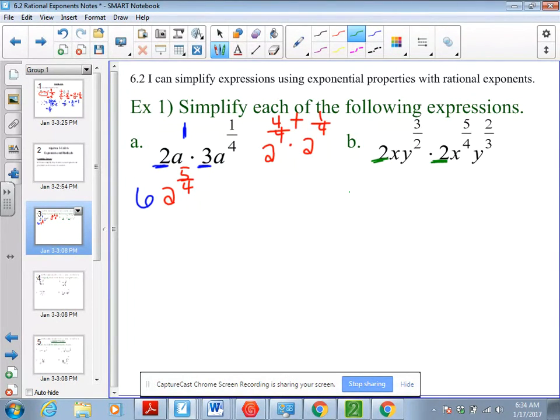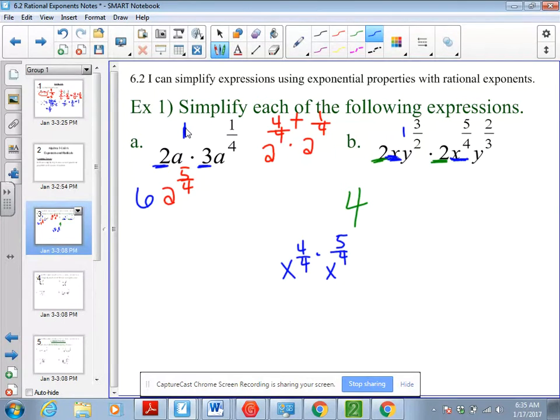So I've got a 2 times 2, that's 4. With my x's, I've got x to the first and x to the 5/4. So I'm going to go ahead and make that x to the first. I'm going to do that on the side over here. Make this x to the 4/4 times x to the 5/4.